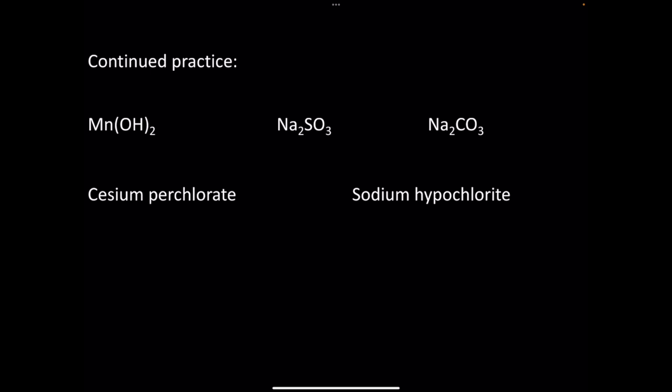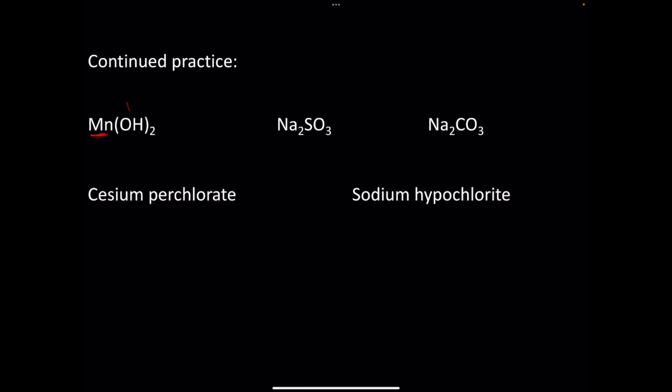Here's some continued practice we can do on our own. For this first one, I'll look at this with you, because that has a transition metal, manganese. So manganese, we see, is on the periodic table. It is a transition metal, so it doesn't really have a tendency to create a specific charge.